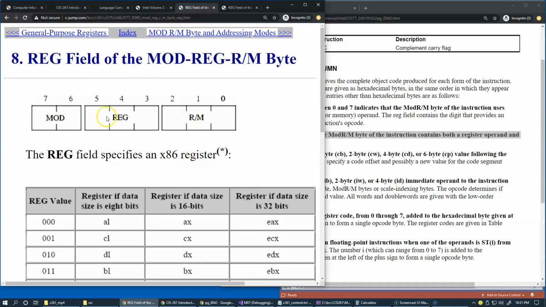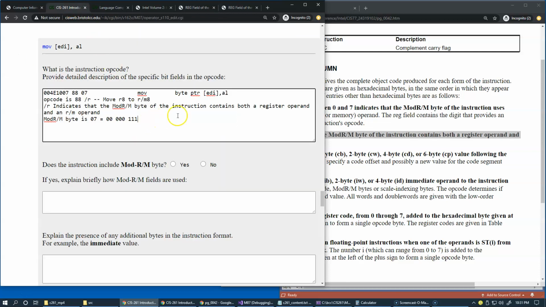And so let's take a look at the reg. So here we have the mode RM is 00111, right? So it's this and this, and the reg, all right, so we can write reg over here.